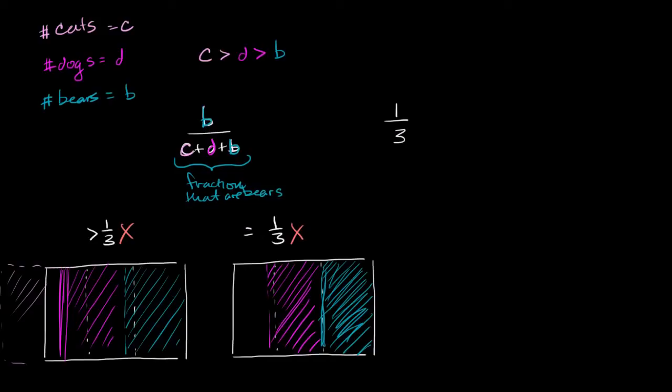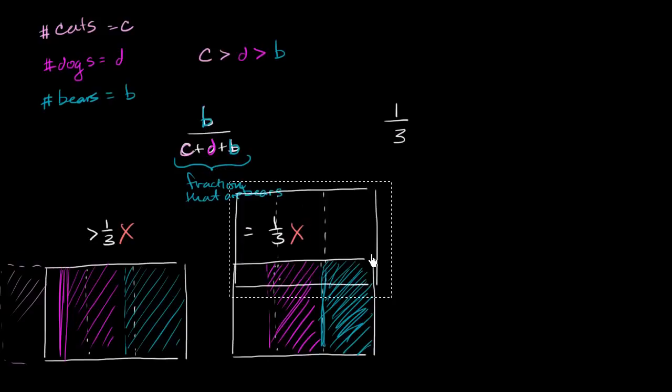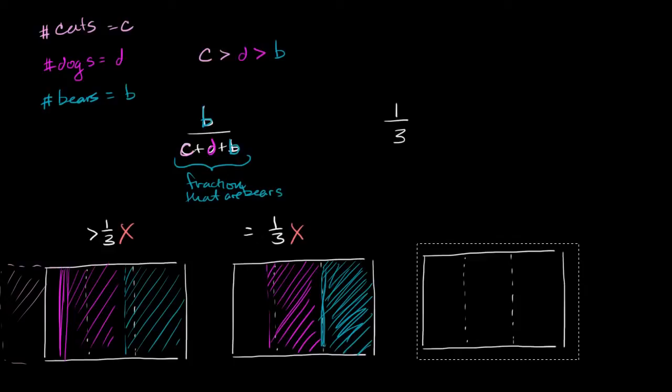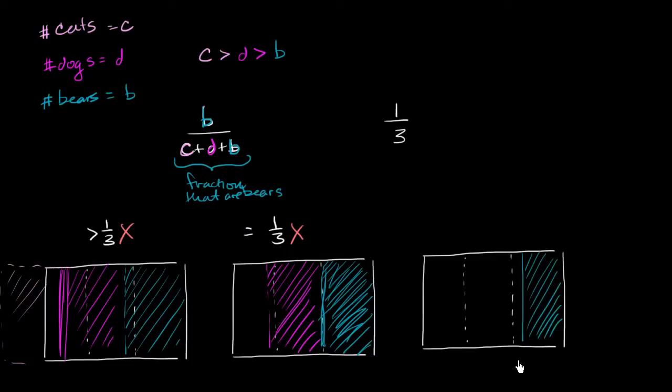And let's make sure that that's reasonable. So let's paste another example right over here. So if the bears, I should say, are less than 1/3, and let me make it a little bit more dramatic so that it's clear.